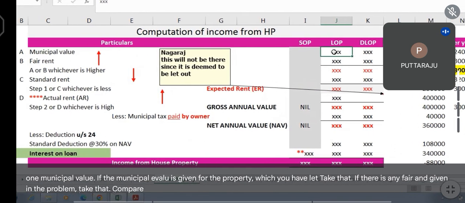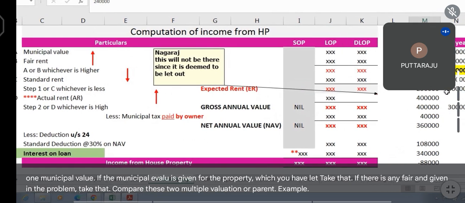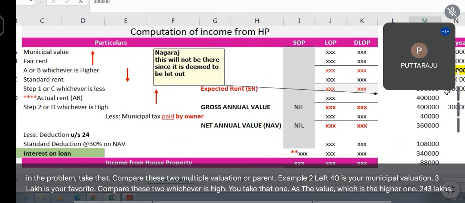Compare these two, municipal valuation or fair rent. Example, 2 lakh 40 is your municipal valuation, 3 lakh is your fair rent. Whichever is high, you take that one as the value. Which is the higher one? 3 lakh. 3 lakh is the value.